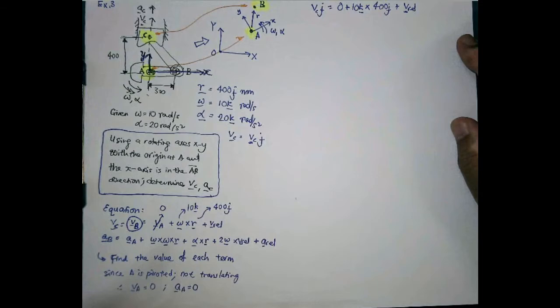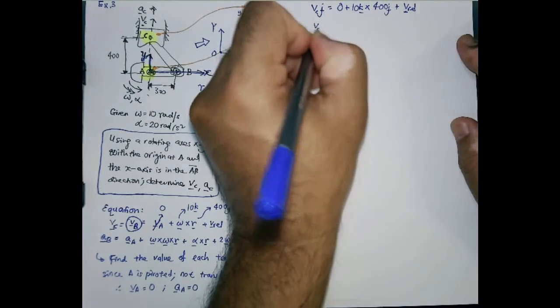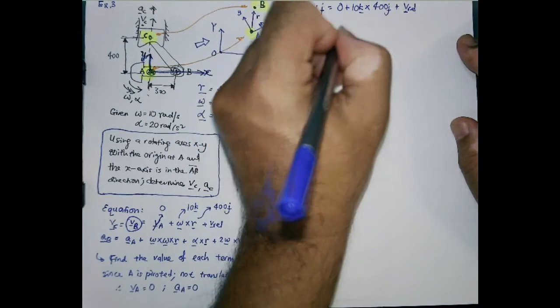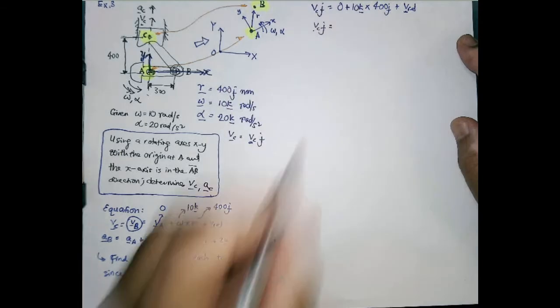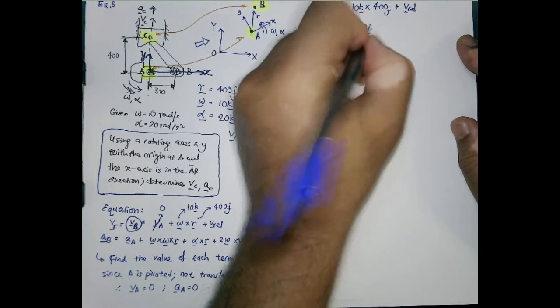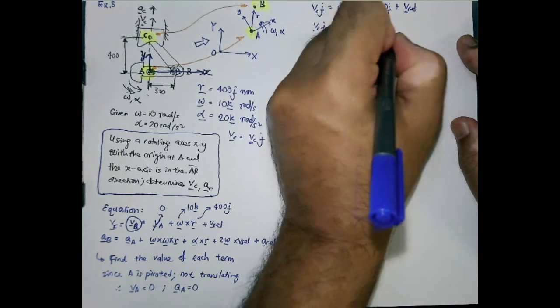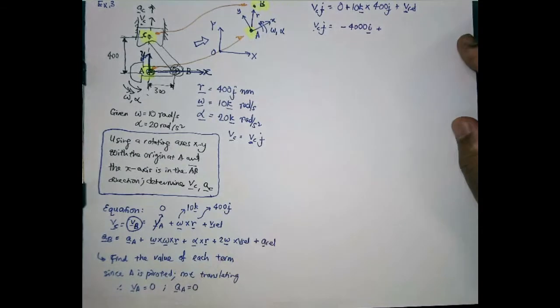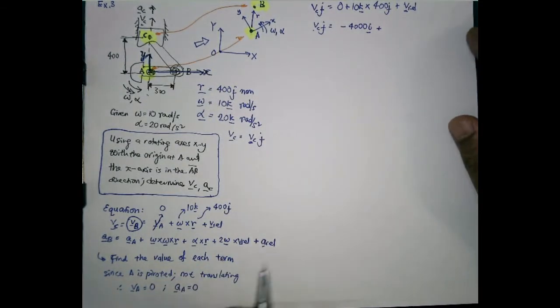K cross J is minus I, so this is minus 4000I plus V relative.